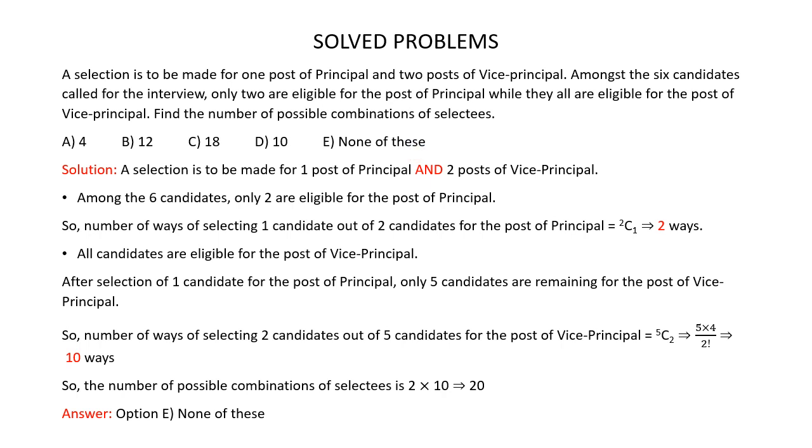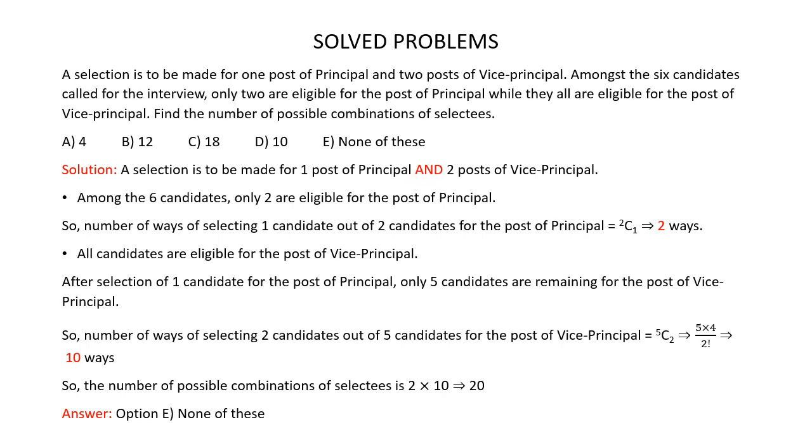So it's given that 6 candidates have been called for the interview for 1 post of principal and 2 posts of vice principal. So a selection is to be made for 1 post of principal and 2 posts of vice principal. Remember, and means multiplication.